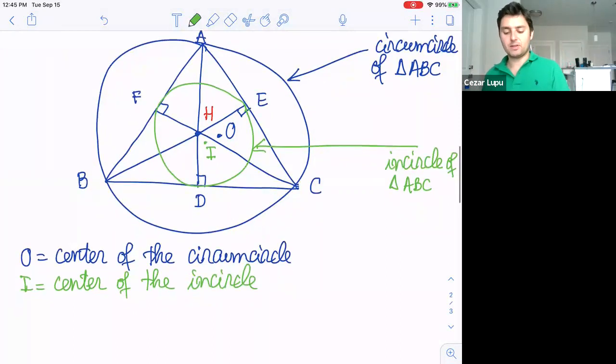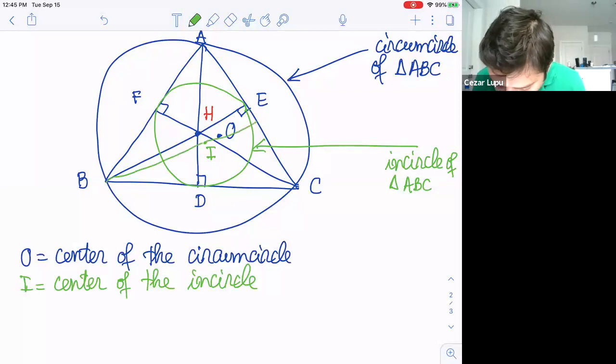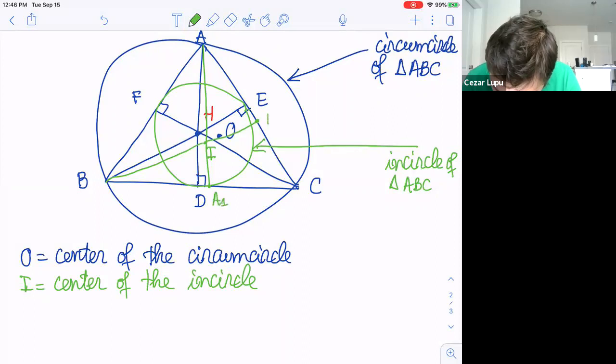And you'll see that something is going on with this I. We said that H is the intersection of the altitudes, but this I, here's a point, let's say A1. Here is another point that goes through I. This is A1, this is B1.